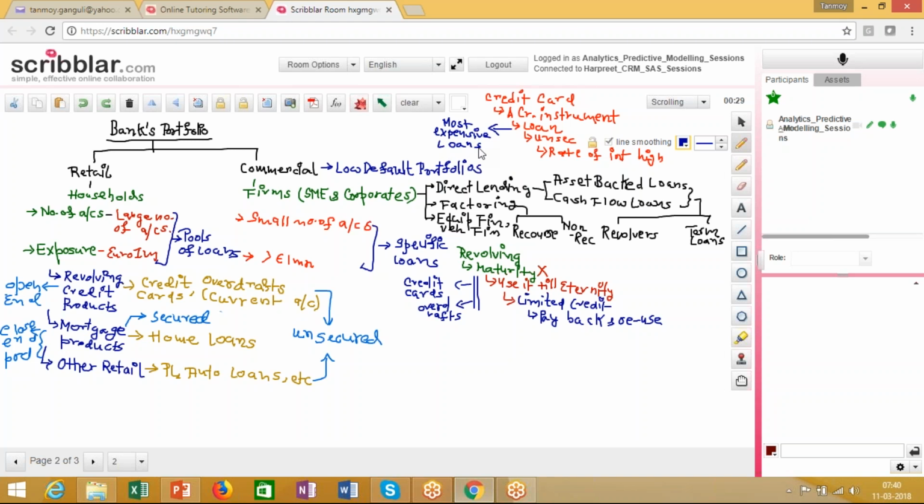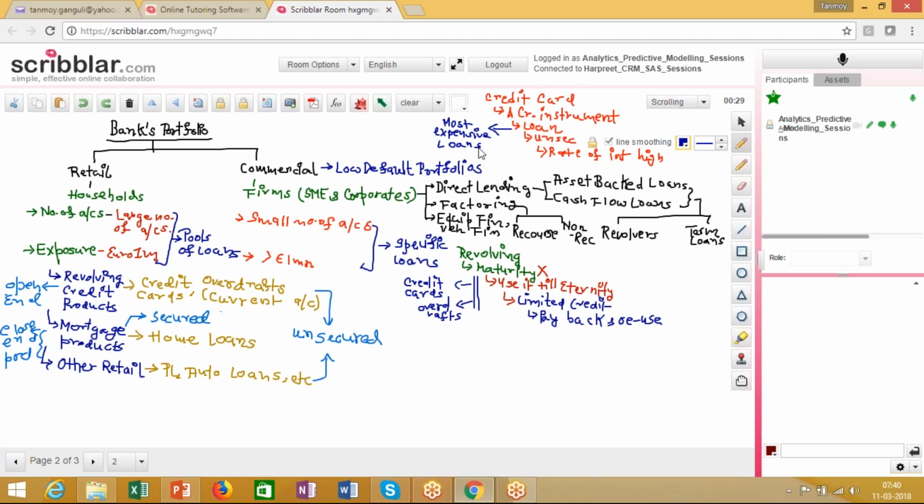Right? So the next part that we need to understand is, before you go to develop models, a very important prerequisite is that you know what the product is. What exactly are the characteristics of the product?